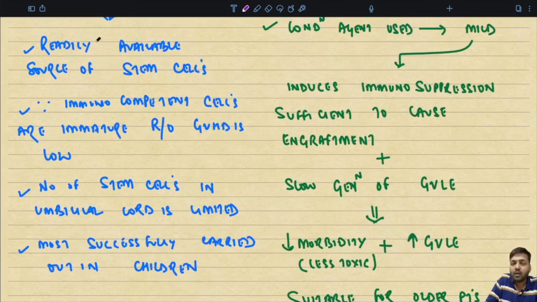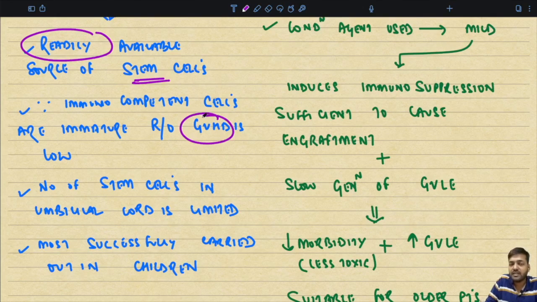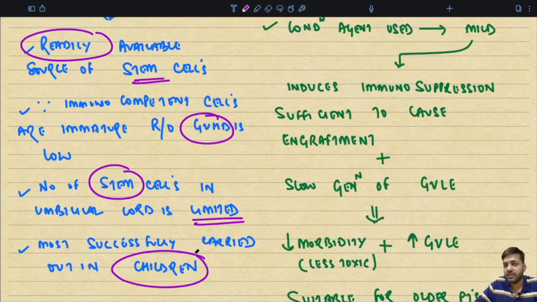Umbilical cord stem cells are a readily available source of stem cells. Since the immunocompetent cells are immature, the risk of GVHD is very low. The number of stem cells in umbilical cord is quite limited, and this kind of transplantation has been most successfully carried out only in children.